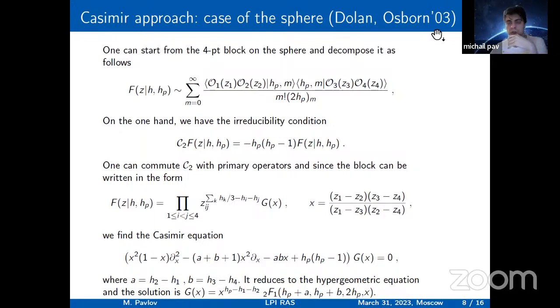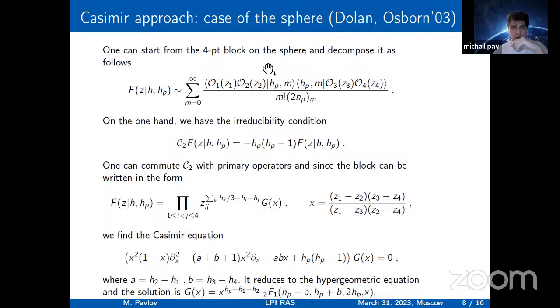So it was considered in works by Ólin and Dosborn. Okay, so we can start from the 4-point block on the sphere, and here is an expression, and we can consider this irreducibility condition.